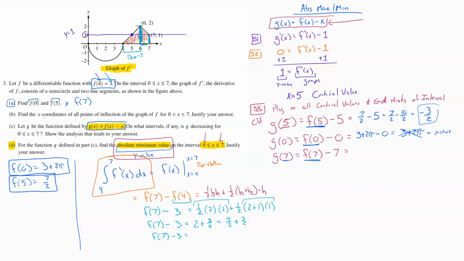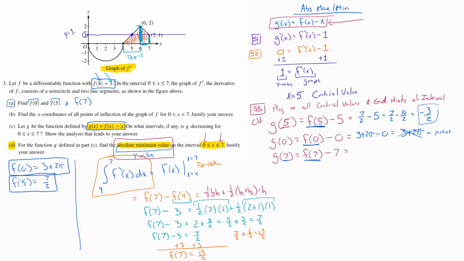So we'd end up with 7 over 2 on this side. And then if we add the 3, we end up getting out of there f of 7 equals 7 over 2 plus 3 is going to be 6 over 2, so that would be 13 over 2.